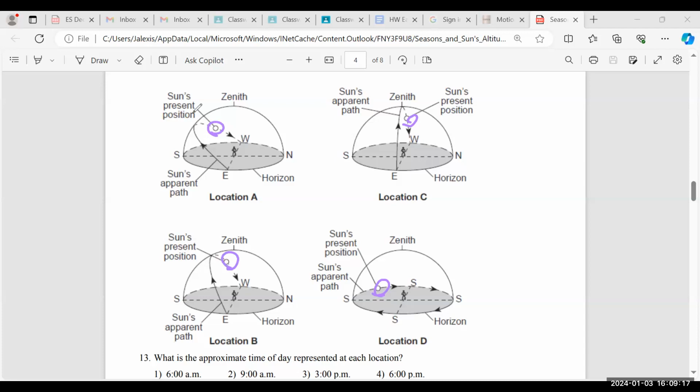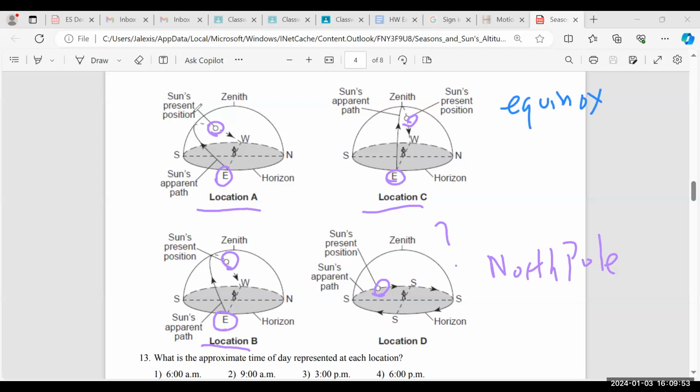One thing that's very interesting to me, even if you weren't sure about what's going on here, even though this is a representation of the North Pole, if we focus on locations A, B, and C, I see that the sun rises directly east on all 3 of these. And so that lets me know this must be the equinox date.